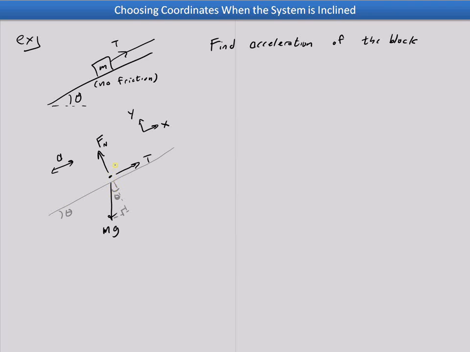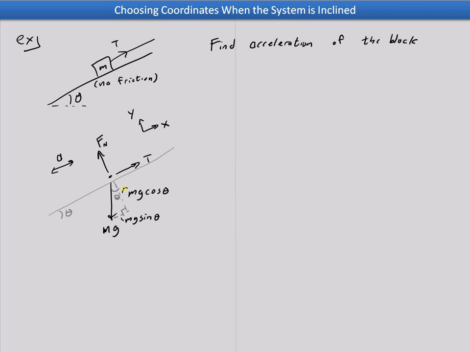You could prove that to yourself using some trigonometry, or geometry really, that the angle of the ramp is the same as the angle up here at the top. It's good to do that at least once, but that's how it always works out. So breaking this into components, the component along the y direction is equal to mg times cosine theta, and the component in the x direction is mg times sine theta. So those are the two components.